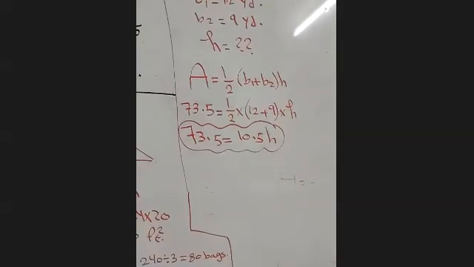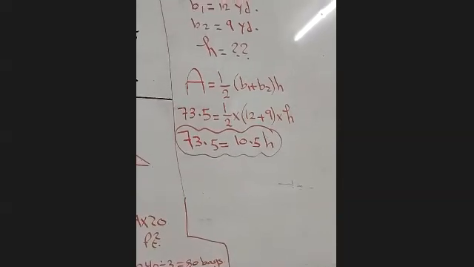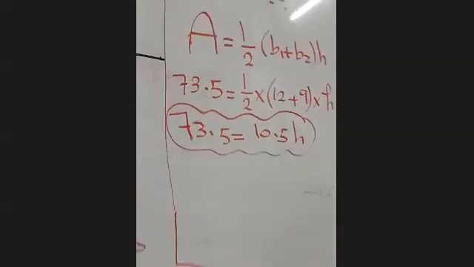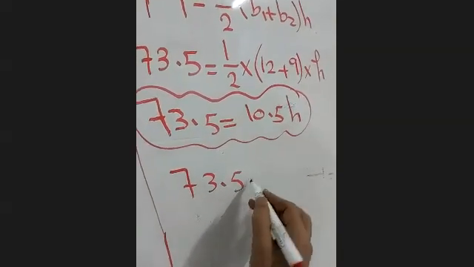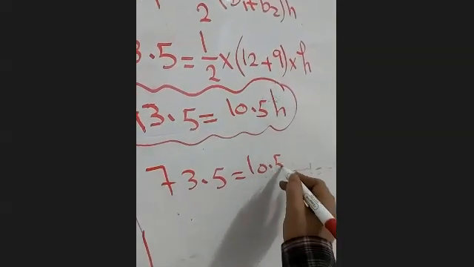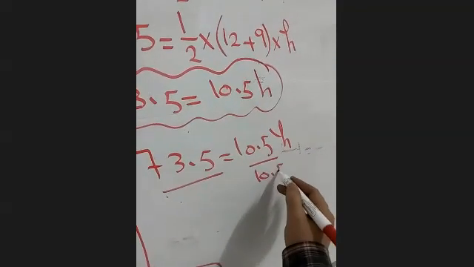We will divide by 10.5 on each side. Say it. We will divide by 10.5 on each side. Good. Now we rewrite the equation: 73.5 equals 10.5 height, divided on both sides by 10.5, right?